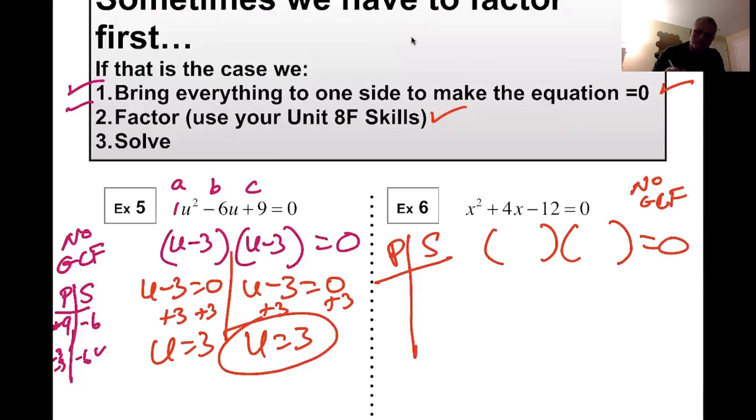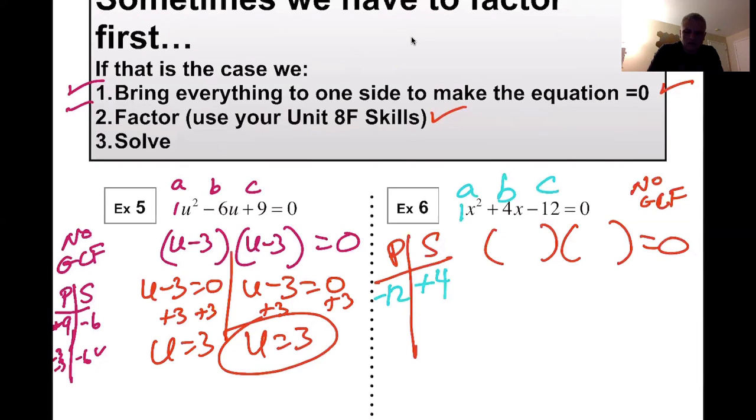So product sum, I'm going to find out A times C is negative 12. That's my product. My sum is positive 4. That's my B. So I need two numbers whose product is negative 12, but they add to positive 4. So you could do 1 times 12. You're not going to get a positive 4 out of that.